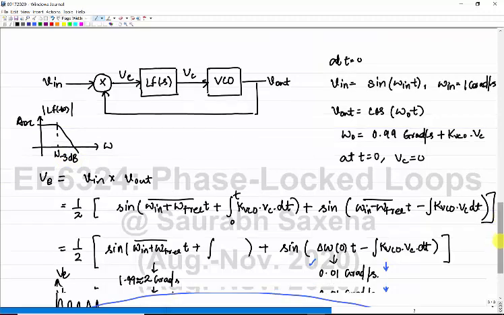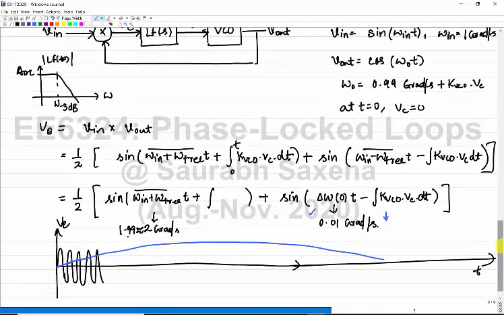This filter is going to see two components, one sitting at 2 gigaradians per second and the other sitting at 0.01 gigaradians per second. Normally, if we want to compensate for this frequency error, I should have the 0.01 gigaradians per second coming in the signal bandwidth, and the 2 gigaradians can be much away such that it is filtered out.